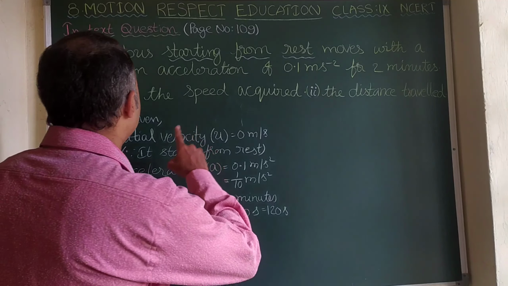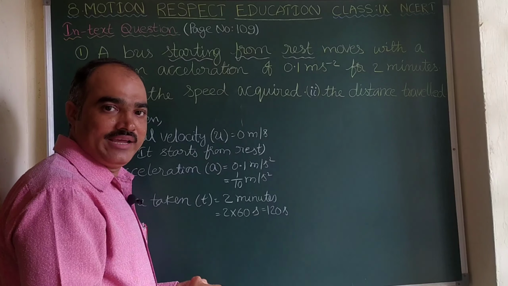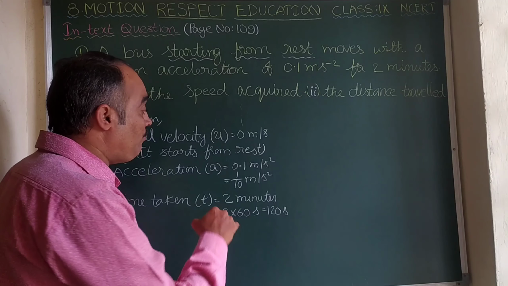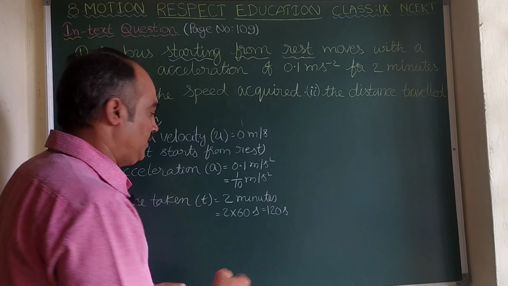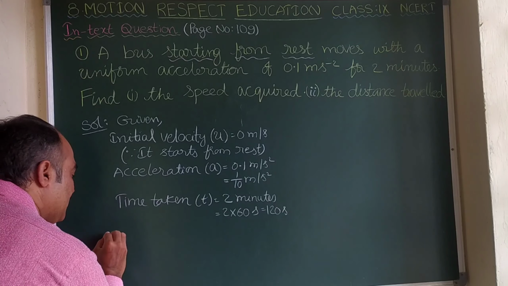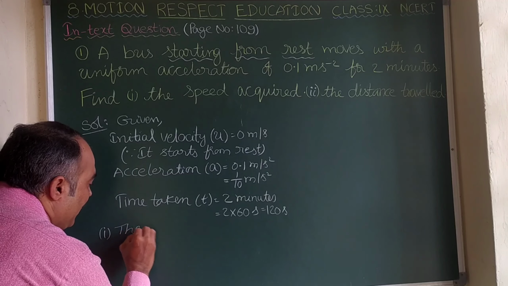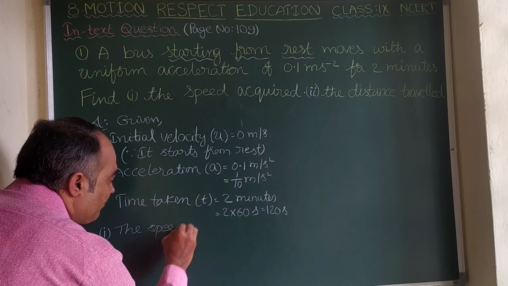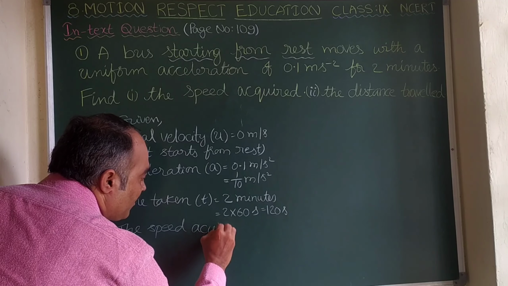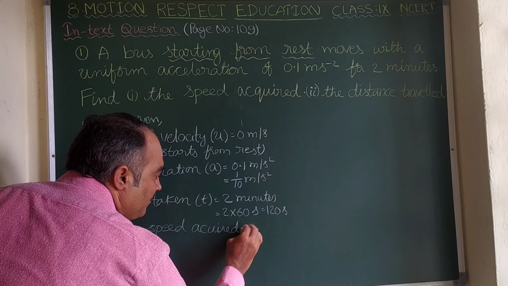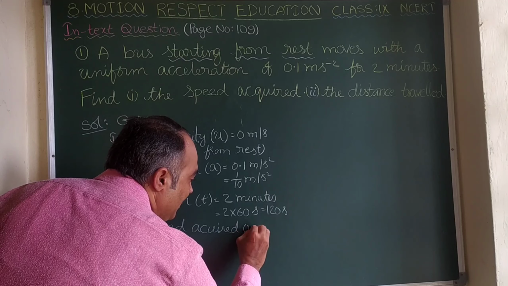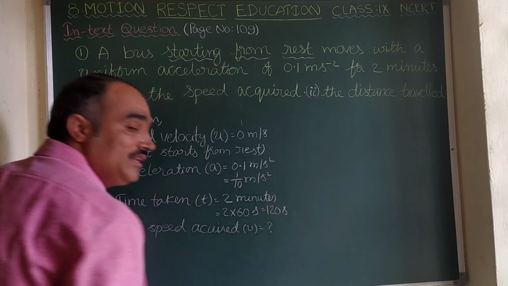Now here first bit is the speed acquired, nothing but final velocity. So here let us solve the first bit, that is the speed acquired. The speed acquired is nothing but v, that is what here, question mark.